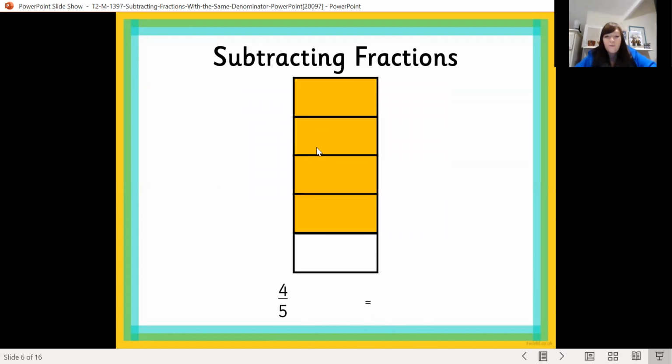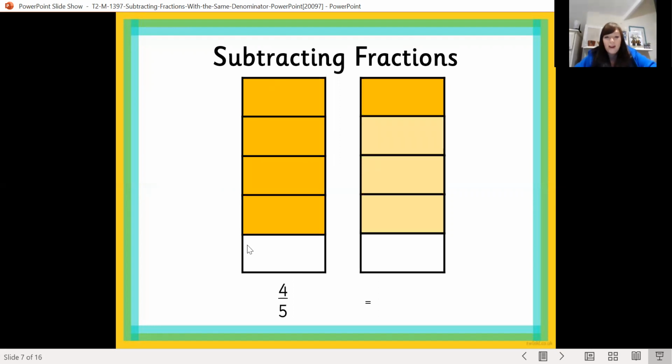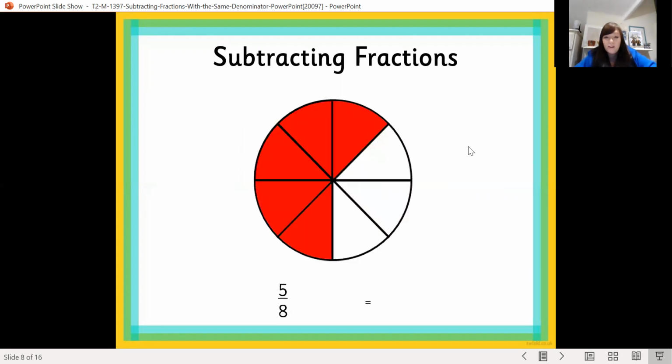Here we have 4/5 in a fraction bar. 5 equal parts, 4 of them are coloured in, and we are taking away 3/5, and we are left with 1/5. Again, shown in a different way, we have 4/5 coloured in. We are going to take away 3 of these fifths, which means we are left with 1/5.